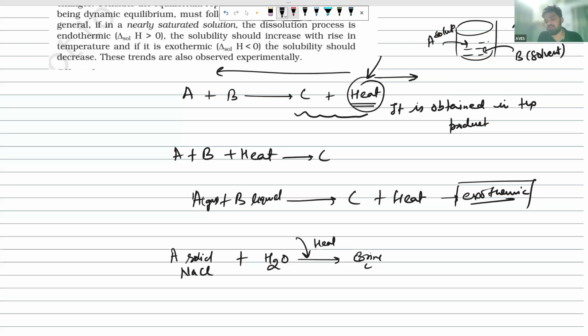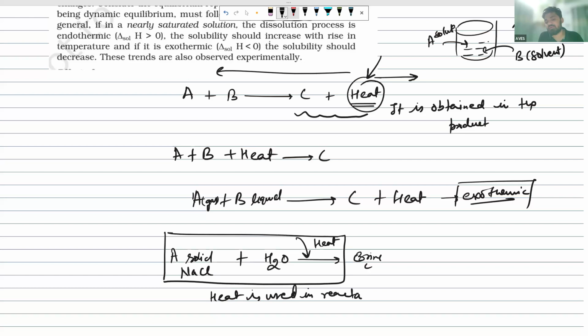So if a substance is absorbing heat, it means heat is used in the reactant, not in the product. Heat is used in the reactant, which means it is an endothermic reaction.